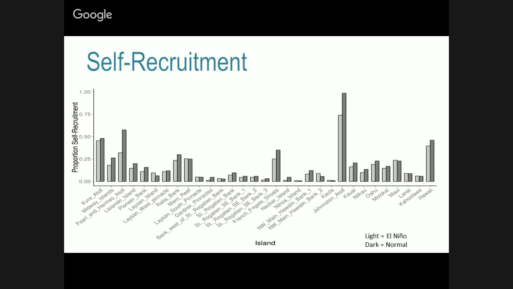And then we're also interested in, because these extreme events can potentially transport larvae much further than the average ocean circulation state, the normal state, I was also interested in looking at the distances these larvae travel before they settle.